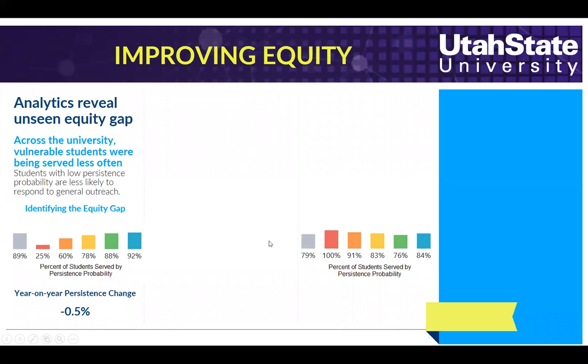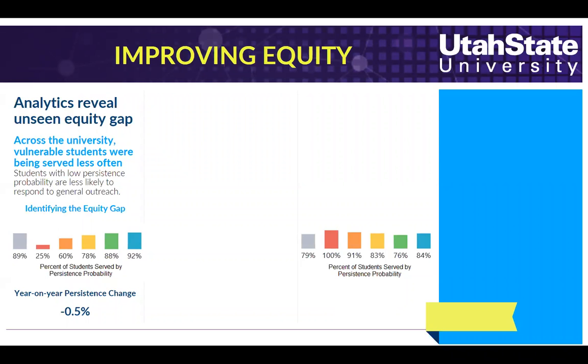And using analytics, we actually were able to show across our university, and I've shown this at other institutions as well, the status quo is that more at-promise students are less likely to be served. The gray column on the far left is all of the students in the College of Education. And 89% of them were able to meet with an academic advisor in spring 19.